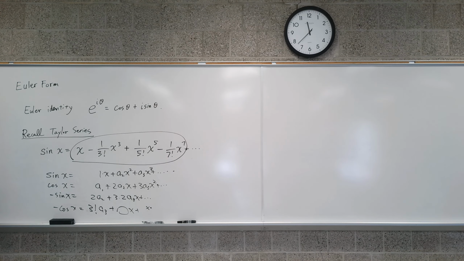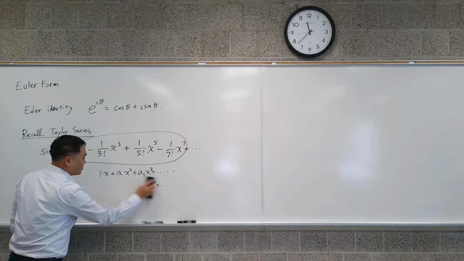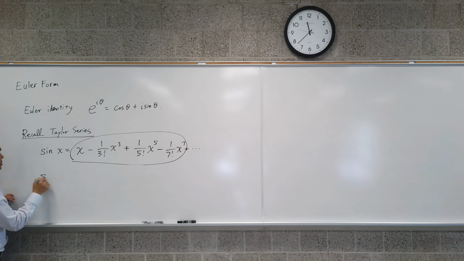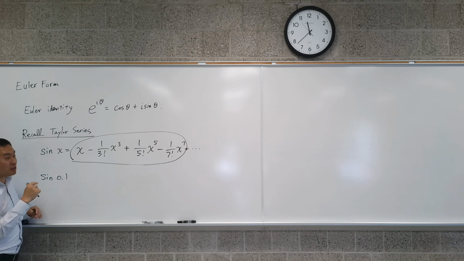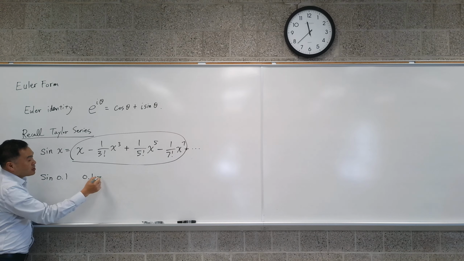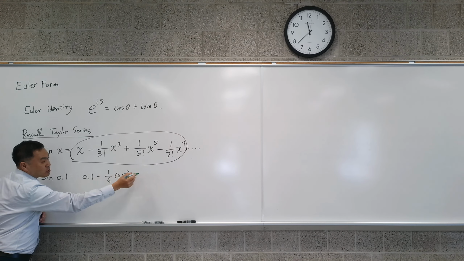In fact, if somebody asks me what sine of 0.1 is, I can use this formula on the right side to give the approximate answer. That's 0.1 minus 1 over 6 times 0.1 cubed. The next term is too small.